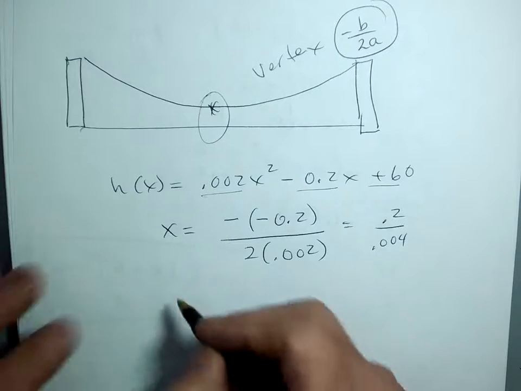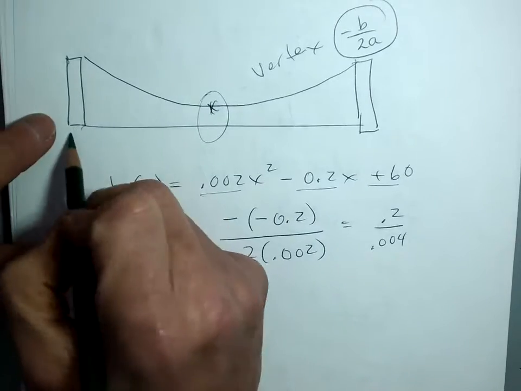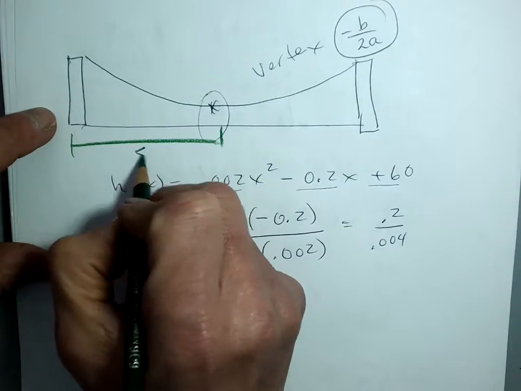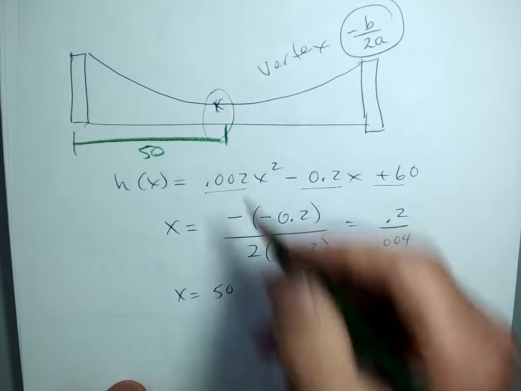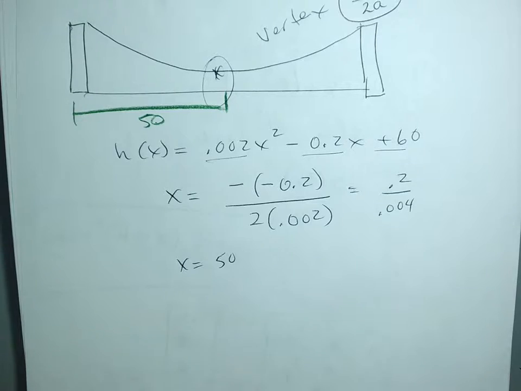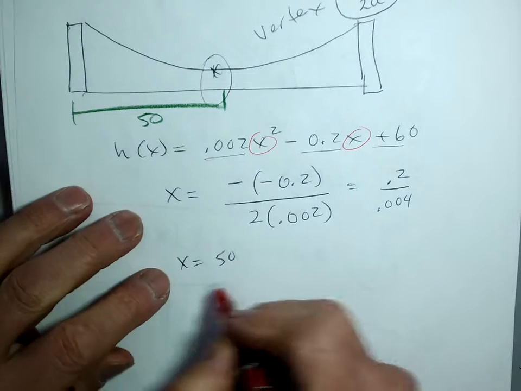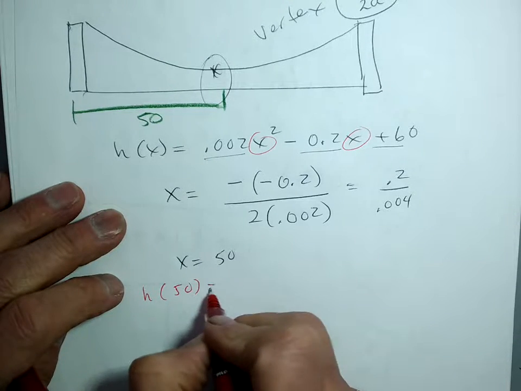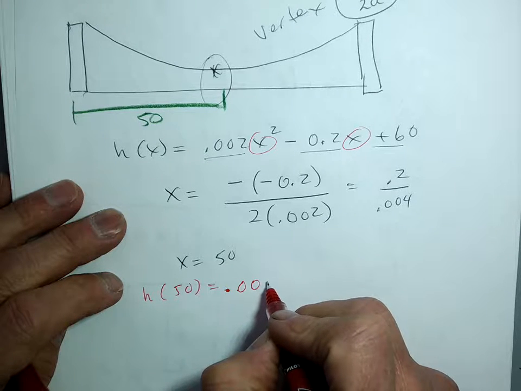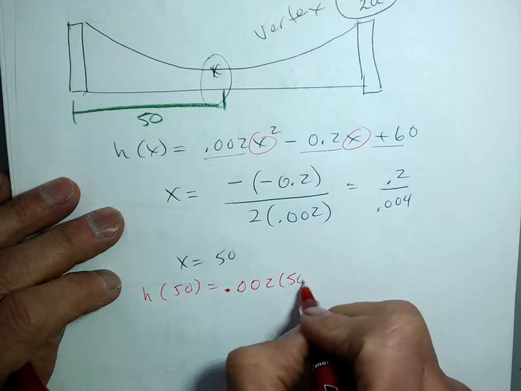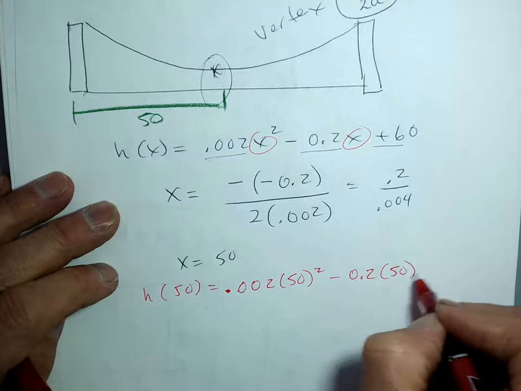Okay, x equals 50. Now that's not the height. That's this distance here. That distance is 50. So to get the corresponding height, let's just plug that in. I'm going to plug 50 in for x. We'll go h of 50 equals 0.002 times 50 squared minus 0.2 times 50 plus 60.